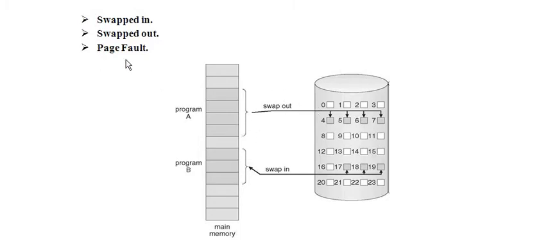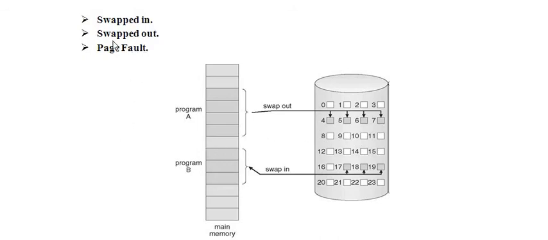Now there is something called a page fault. What is a page fault? The CPU demands a particular piece of information or a page, and it searches in the page table. Then that page is not available in the main memory, and a page fault will happen, and that page has to be brought in from secondary memory to the main memory, then to the CPU.